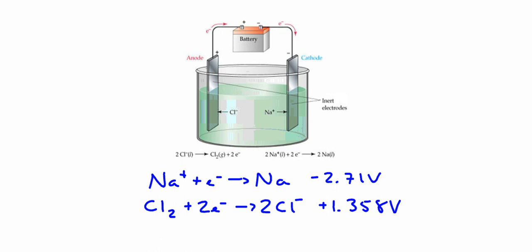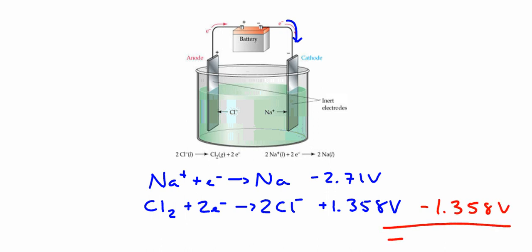The way that this is going, it looks like the electrons are being added to the sodium, right? The electrons are being added to the sodium, and it's leaving the chlorine. So this would actually be flipped, and it would become negative volts.